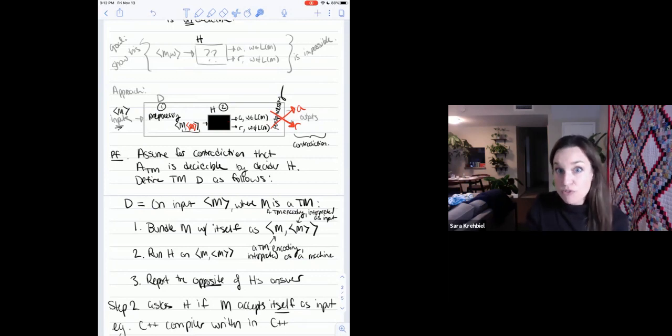But if H works by actually running the machine on its input, then we are forcing that recursion. And that infinite recursion is going to block H from being able to eventually decide whether to accept or reject. So this is not necessarily recursive, but the natural way that you would expect H to work would cause recursion in this case, which is why H doesn't work. Does that kind of make sense?